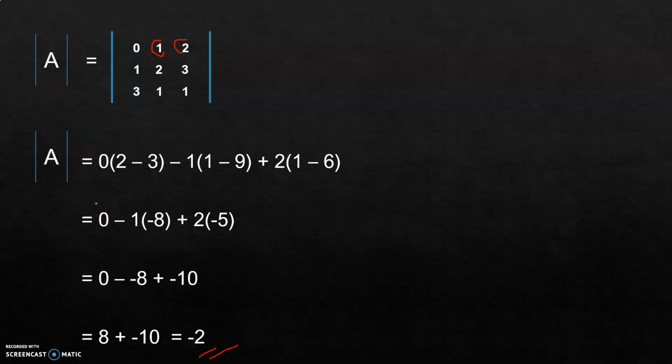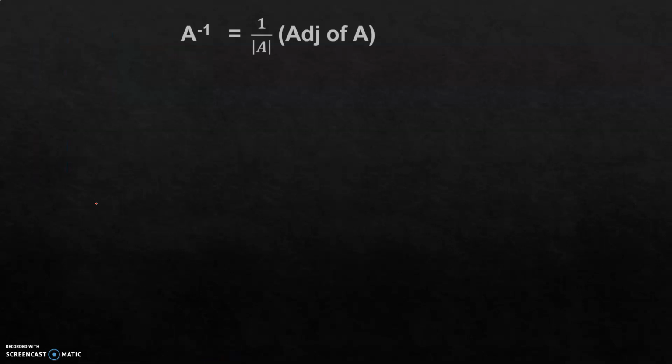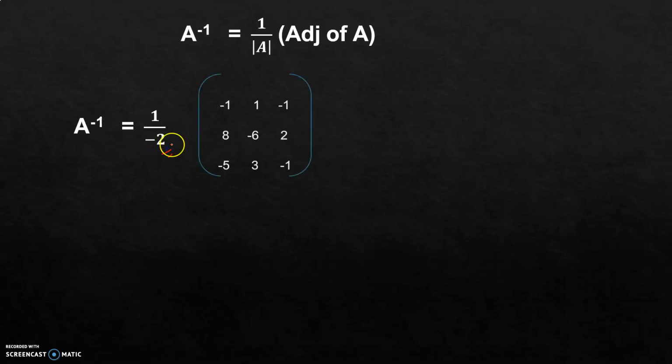So both stages are over. First we calculated the adjoint of the matrix A. Now we have calculated the determinant value. Then we can find the inverse of the matrix. So this is the equation: inverse of A is equal to 1 divided by determinant of A, which we just calculated as minus 2, into adjoint of A. The adjoint of the matrix also we calculated in the previous slide.